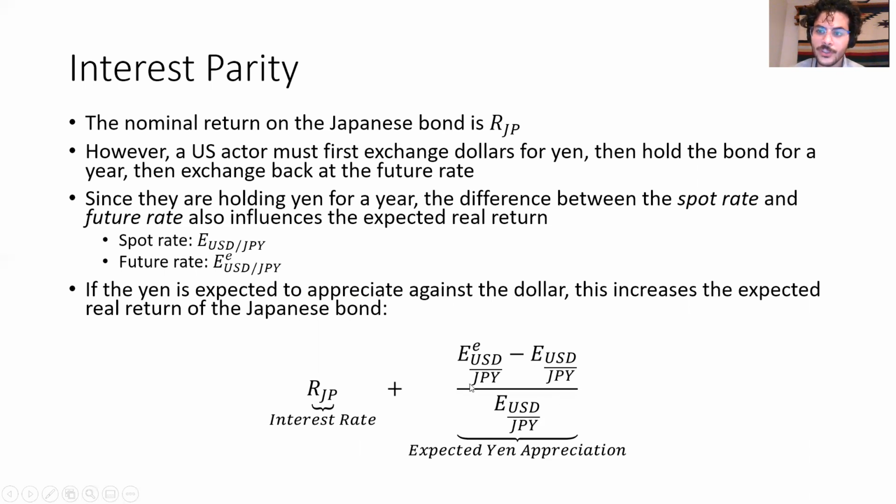So this is, in percentage terms, the difference between the future rate and the spot rate. So it's the future rate minus the spot rate divided by the spot rate. And this tells us the expected percentage difference between the yen tomorrow and the yen today. So if the expected rate is greater than the spot rate, this will be positive, and that'll increase the expected real return. But if we expect the yen to fall in the future, this will be negative.